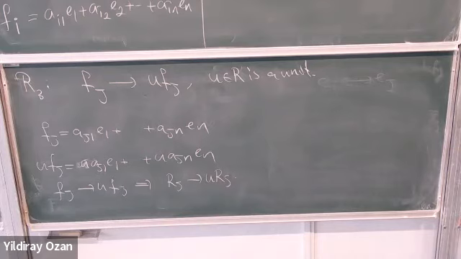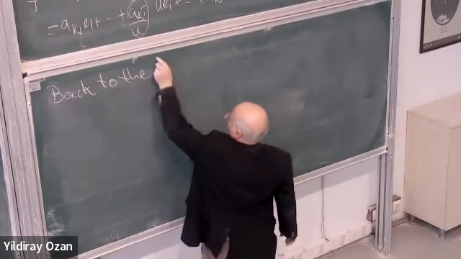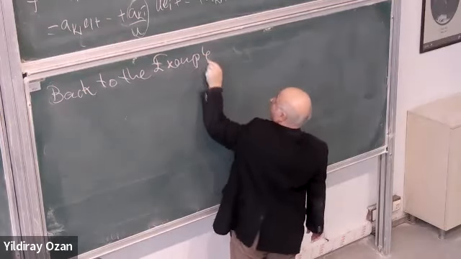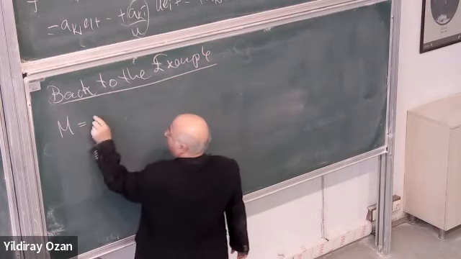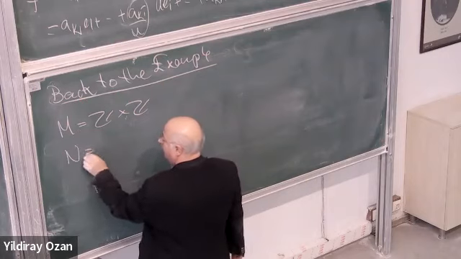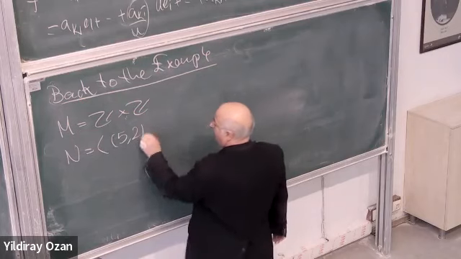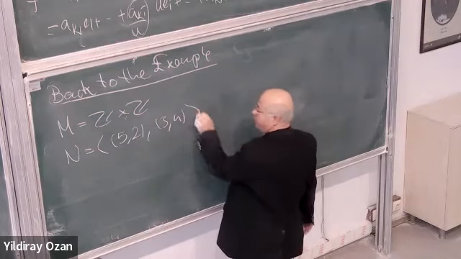Let's go back to the example we gave last time. So I can add this gadget and the submodule, which is (5,2), (3,4).